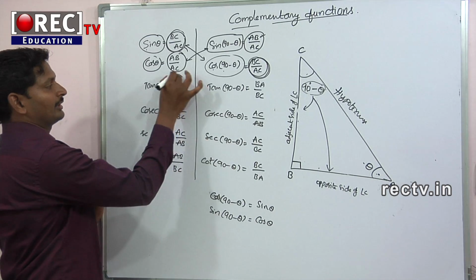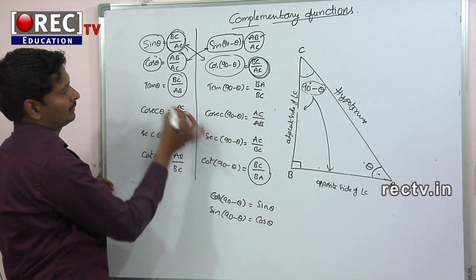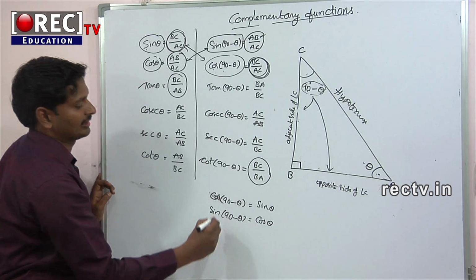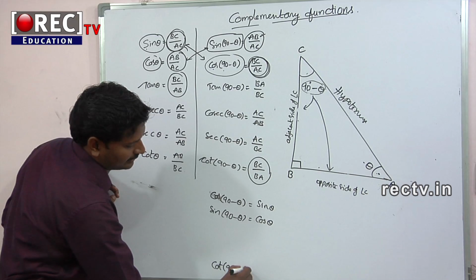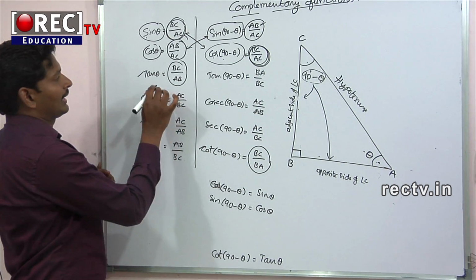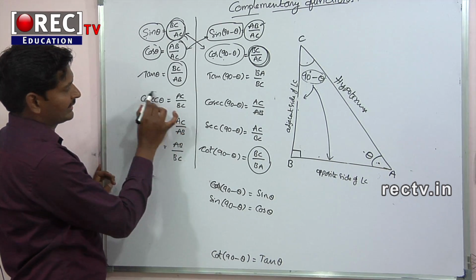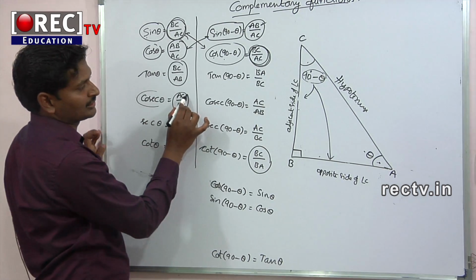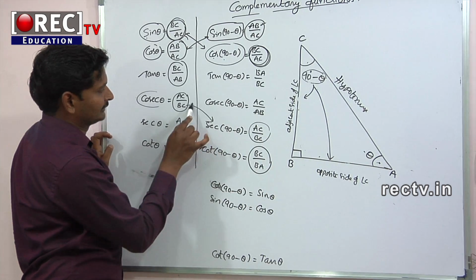Here you observe BC by AB and BC by AB. That means tan theta is equal to cot 90 minus theta. So cot 90 minus theta is equal to tan theta. Next, cosecant theta, AC by BC, is equal to AC by BC. So these two values are equal.